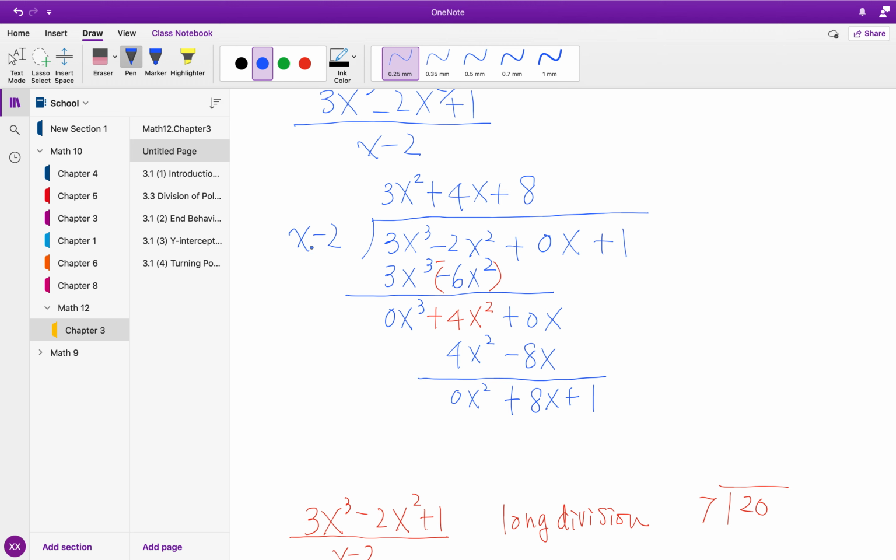So 8 multiplied by x is 8x, and then 8 multiplied by negative 2 is negative 16, and subtract it again, that is 0x, gone, beautiful, that's what I wanted. Plus 1 subtract negative 16 becomes plus 16, then that is plus 17. So then this one is my remainder.